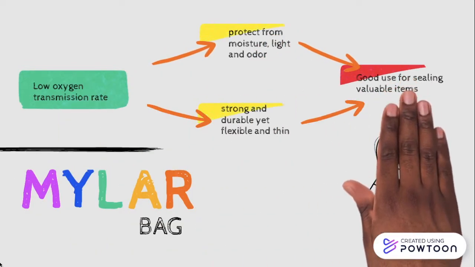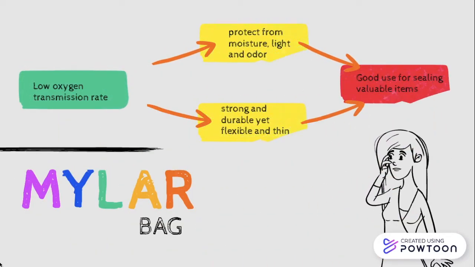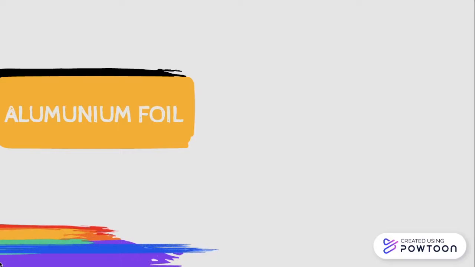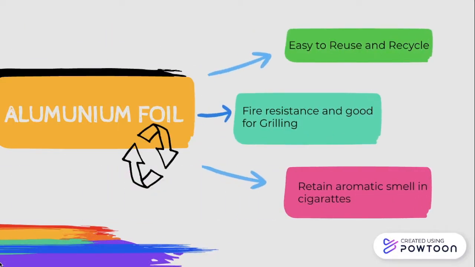So basically, this item is very good for sealing valuable items. Aluminum foil is very easy to reuse and recycle, it is fire resistant and good for grilling, so it is used for the cover of the plate. And the last benefit is that it retains the aromatic smell in cigarette packs.